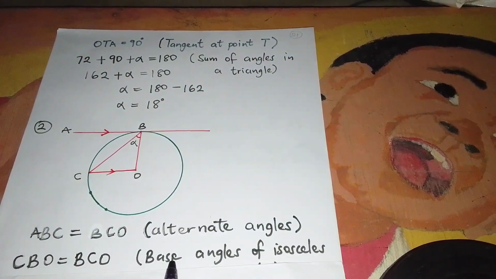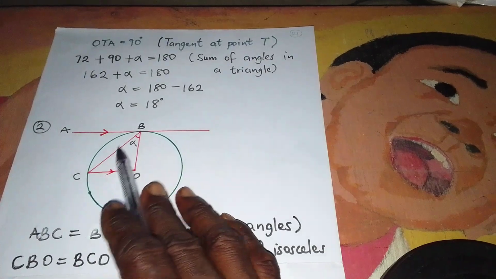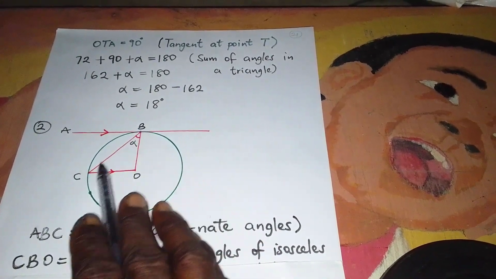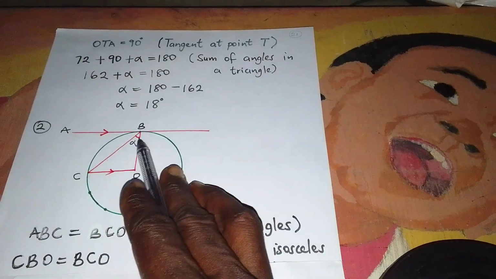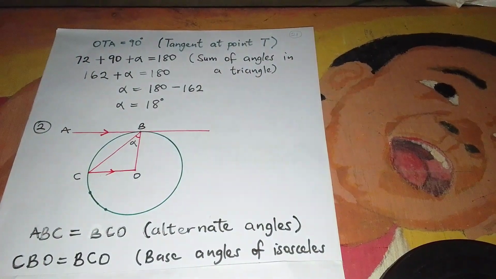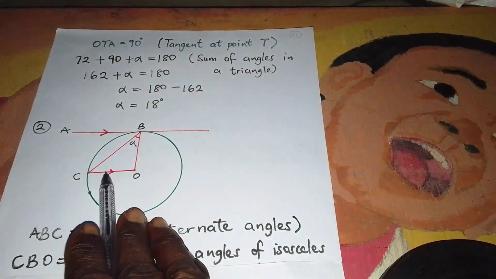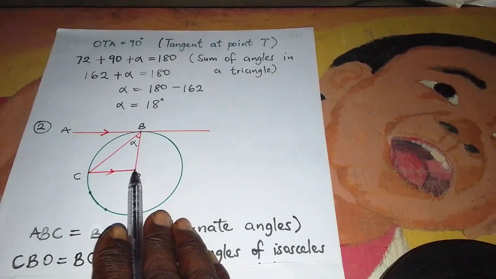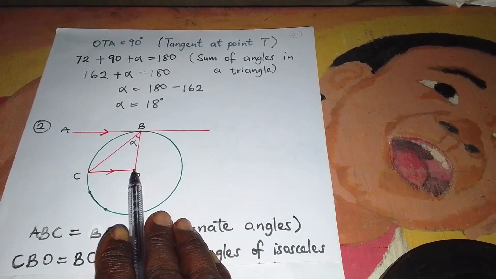Now you see that angle CBO and angle BCO are equal, because this is a radius of the circle and this is another radius of the circle, showing that we have an isosceles triangle.